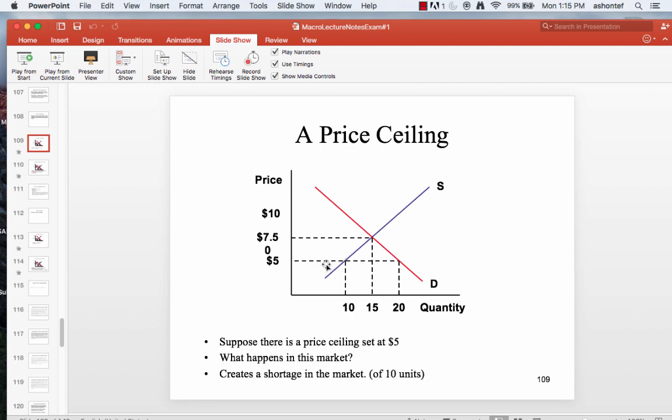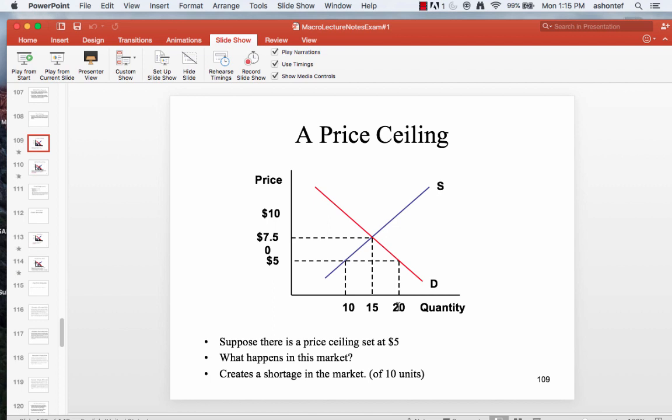So that's fine. They impose that binding price ceiling, but here's a problem. At $5, we go over to our supply curve and see that quantity supplied is 10, so the firms are willing to put out 10 units. But at this nice lower price of $5, according to our demand curve, the quantity demanded would be 20. So we have a problem here.